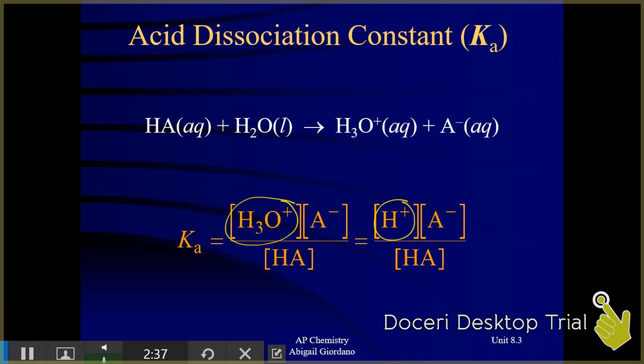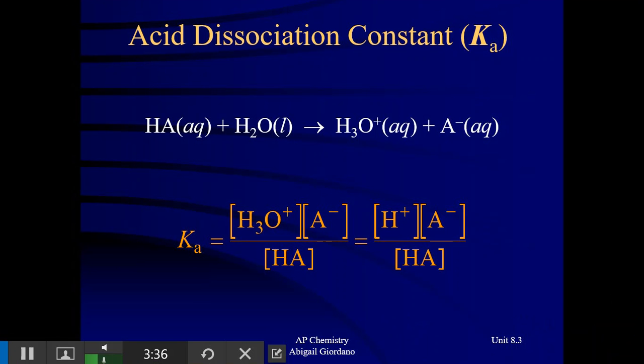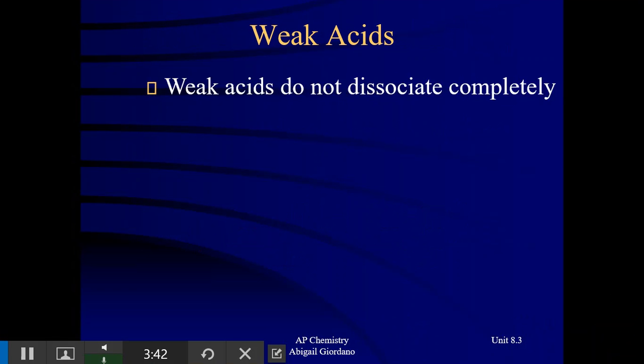And as I said, we deal with equilibrium for weak acids. Strong acids do not have Ka values. Their Ka values would essentially be infinity, because the reactions go essentially 100% in the forward direction. So we will only ever see Ka values given for weak acids.